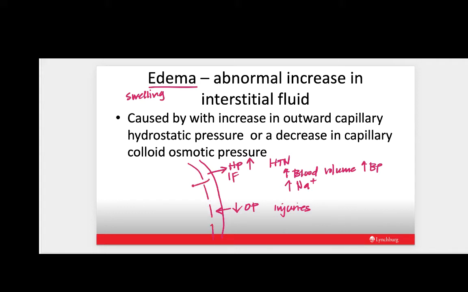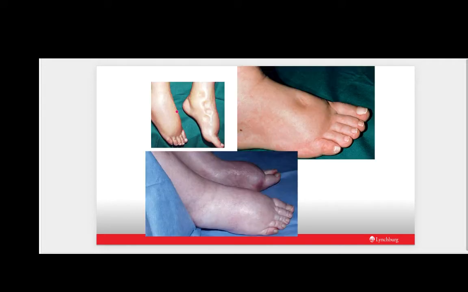Well, what's happening? Those non-diffusible proteins are no longer non-diffusible. They can just leave, so you can have proteins out here in the interstitial fluid, and they're going to pull the fluid out with them. And so that's going to create more swelling in that interstitial space. So those are the two reasons why you would see edema, that would look something like this.